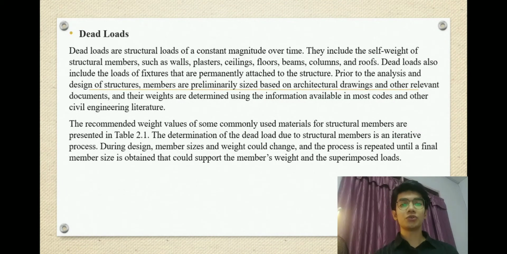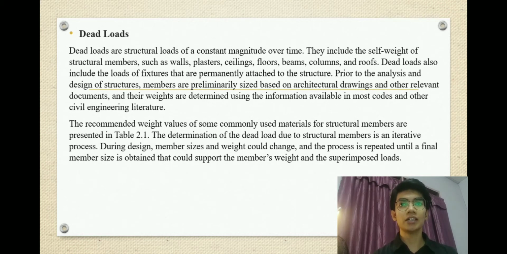Next, we go to dead loads. Dead loads are structural loads of constant magnitude over time. They include the self-weight of structural members such as walls, plaster, ceiling, floor, beams, columns, and roof. Dead loads also include the loads of fixtures that are permanently attached to the structure.